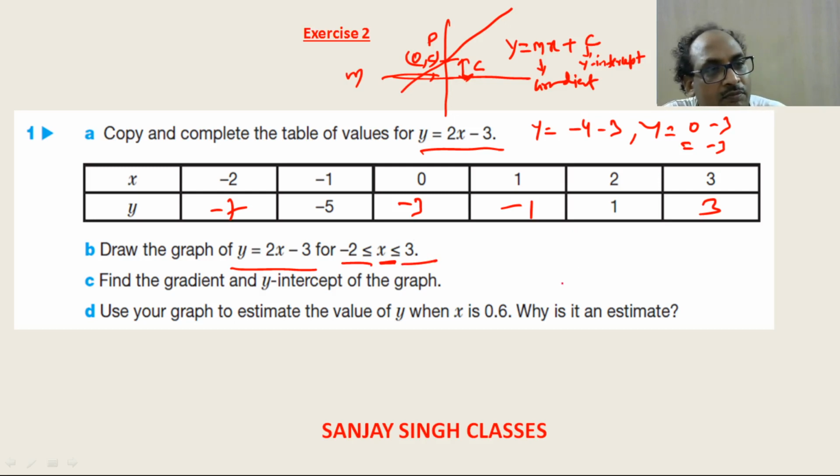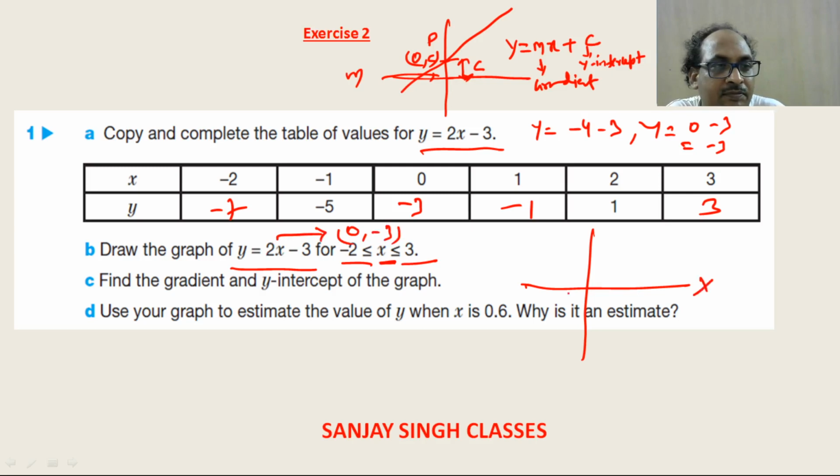Okay. So we can draw the graph by putting in points. When x equal to 0, y is equal to minus 3. So this line has the point 0 and minus 3. And if y is equal to 0, then 2x minus 3 equals 0, which gives x equal to 3 by 2, which is 1.5.